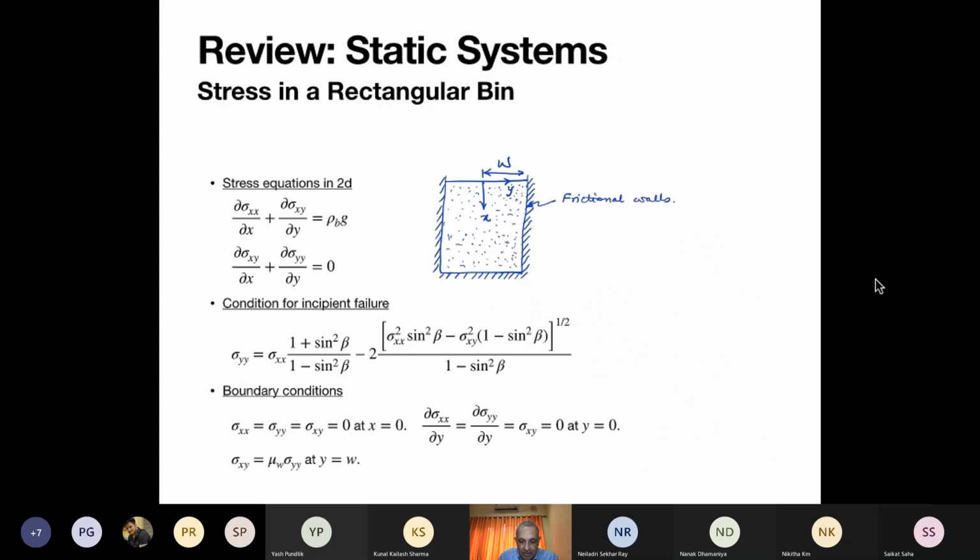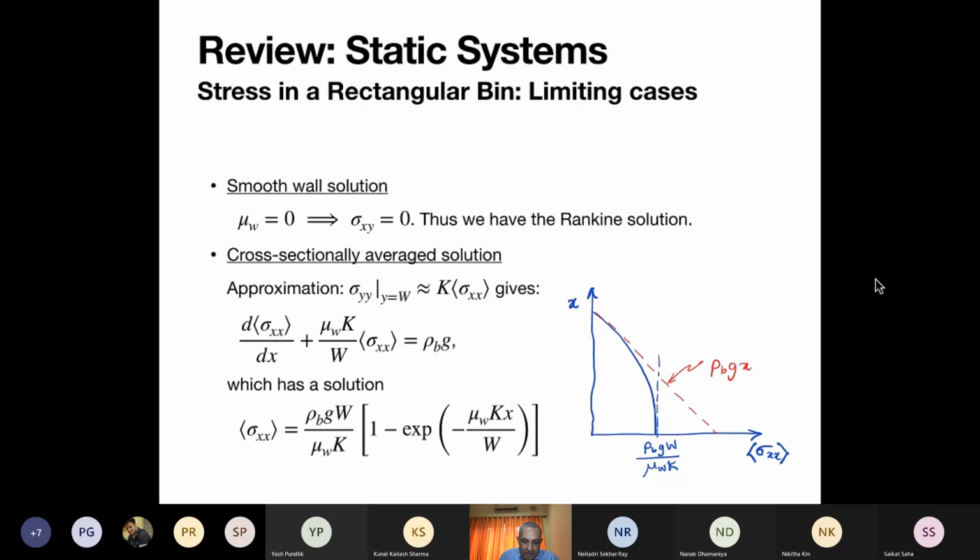We want to see how does sigma xx vary in the cross section? How does this vary in the y direction? And the reason that we wanted to show this is because of this approximation that we have made, that instead of writing k times sigma xx at y equal to w, we have written it as the average value of sigma xx.